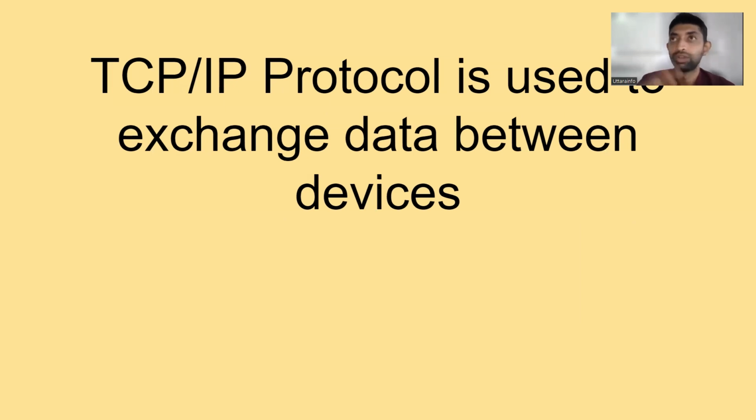Using different network topologies, the nearest route is found, and data is transferred from one machine to another. This transferring of data is called data hopping. Data hops from one machine to another to reach the destination.